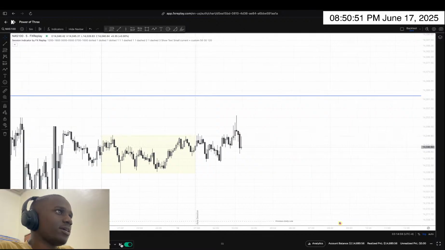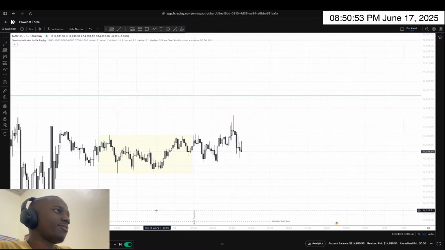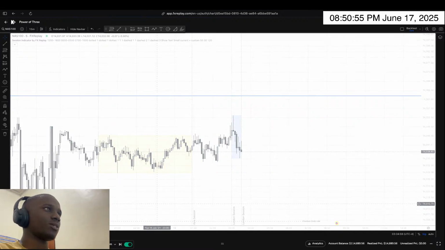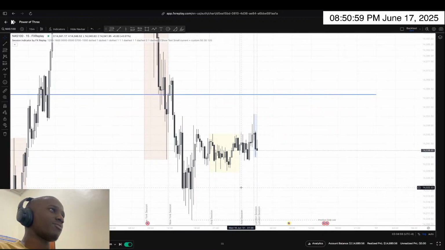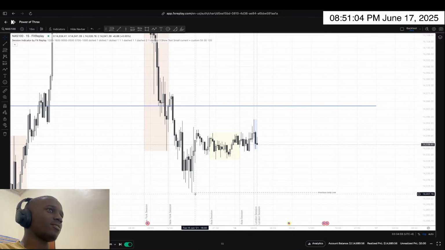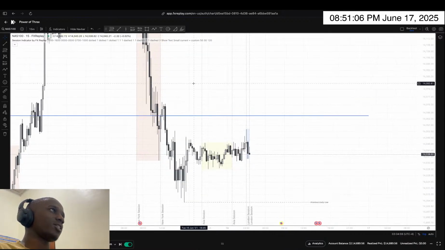Take out the high. My friend, we're about to have some kind of Judas swing. Let's see where the open is first. Keep in mind we have previous day low there, which means that the Judas swing can drop right into it.